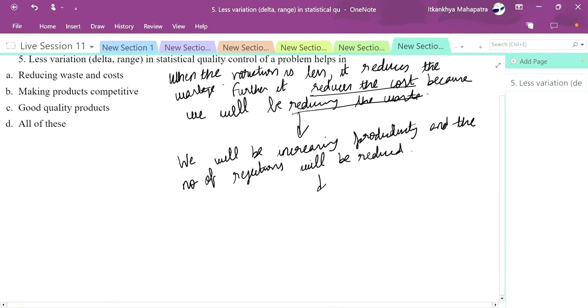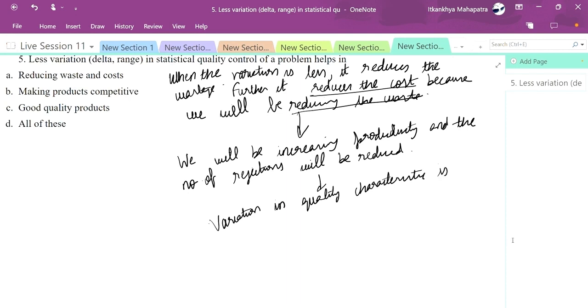Thus, variation in quality characteristic is reduced.